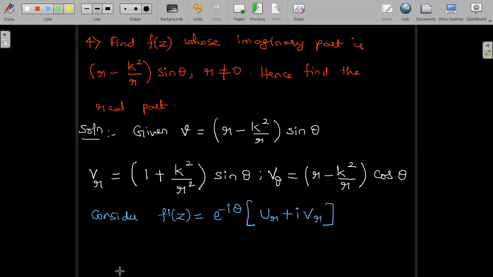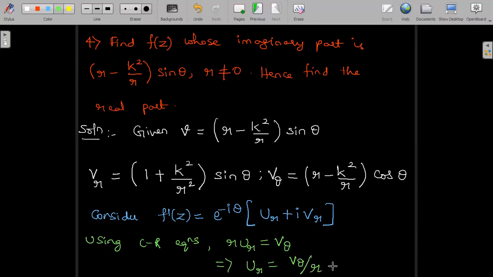So we need to use CR equations and change ur. Using CR equations, r ur is equal to v theta. So this gives us ur is equal to v theta divided by r. So we will substitute ur as v theta divided by r and simplify further.